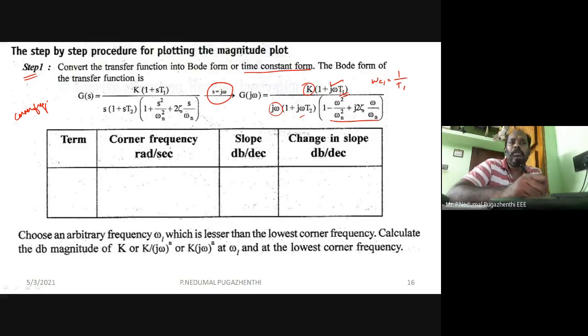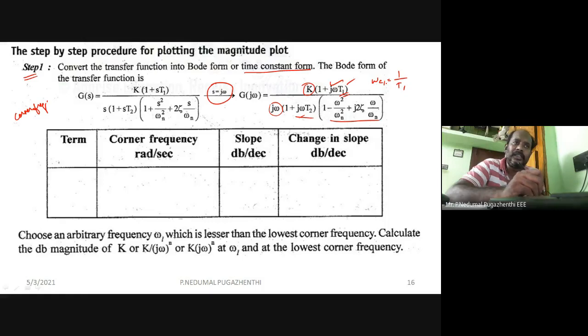Corner frequencies are available only for the terms involved with a time constant. So these three terms are involved with time constant, and based on the time constant you identify the corner frequencies and arrange them in ascending order.